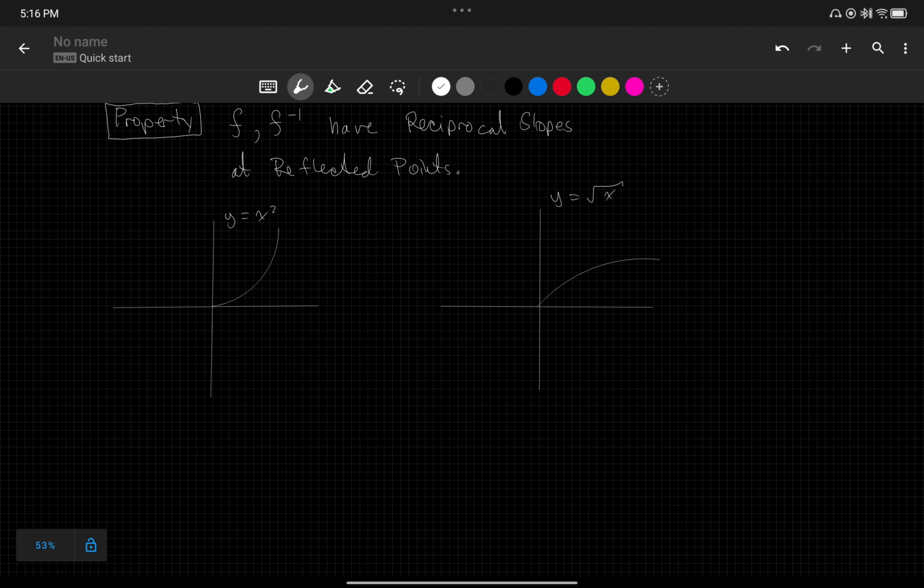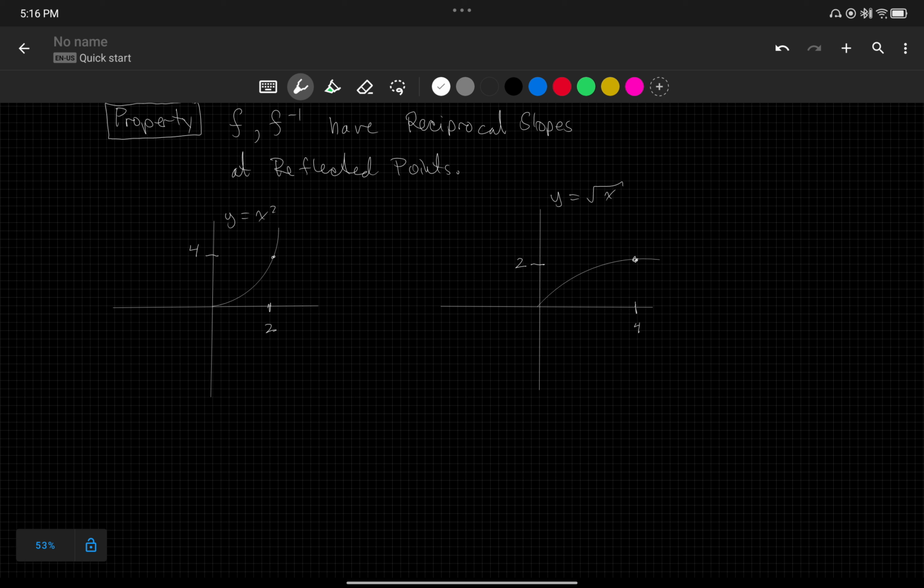All right, so let's say this here is gonna be 2, and this point up here would be 4. All right, compared to this one, if this is 4, then this would be 2, because the square root of 4 is 2.